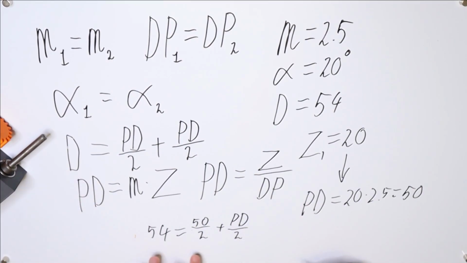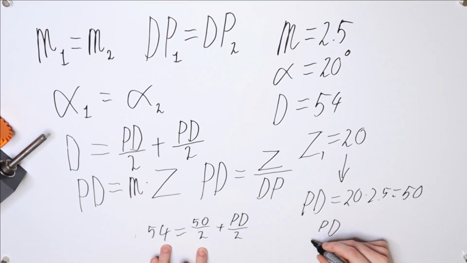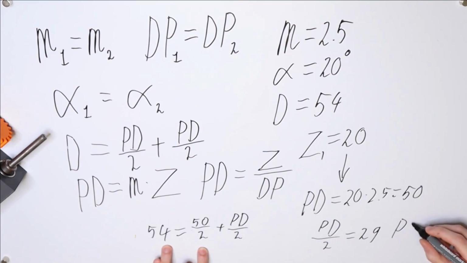And so we know that the pitch diameter divided by 2 of our unknown gear is 29. And so we know that the pitch diameter in total has to be 58. But now we run into a bit of a problem, because the module times the number of teeth of our second gear has to be 58.